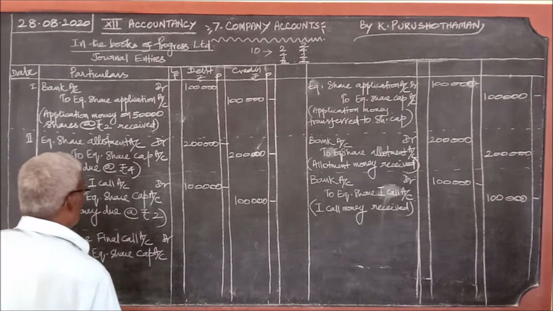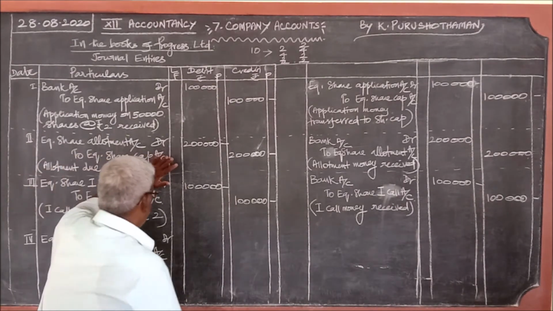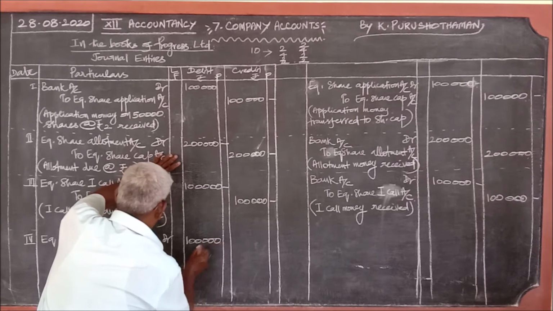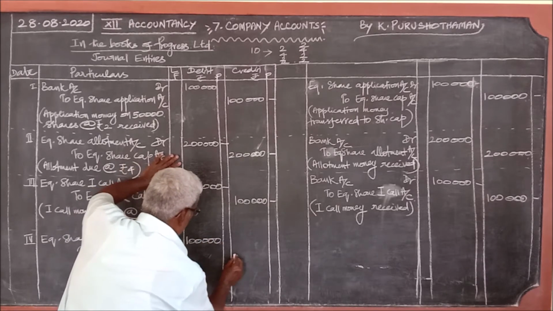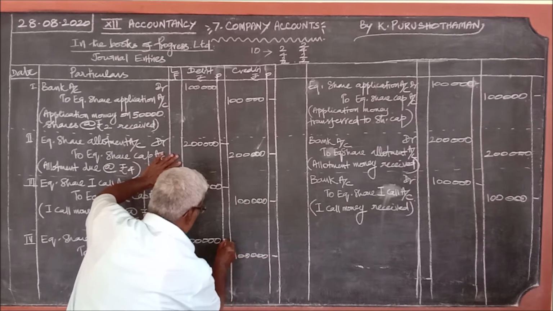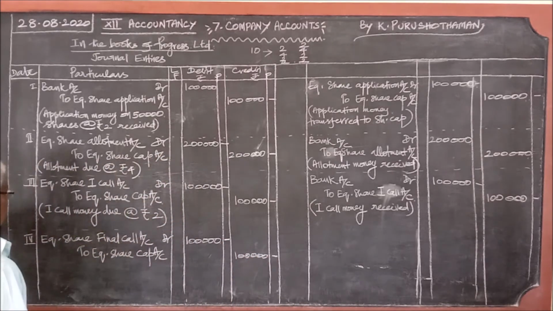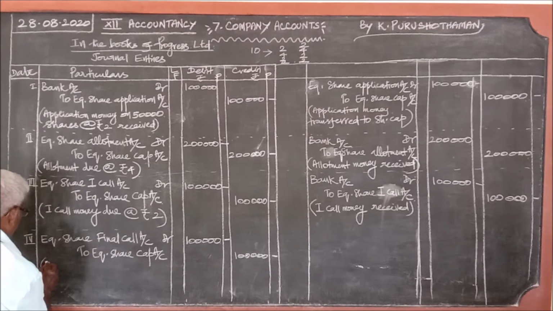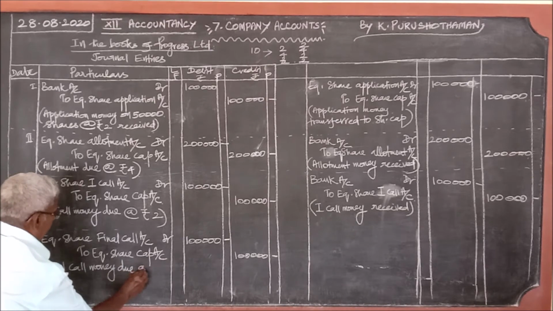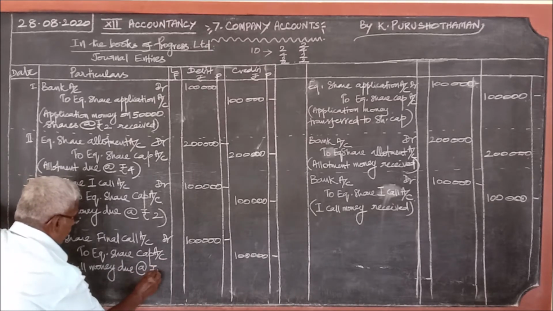This is also 2 rupees, 2 into 50,000, 1 lakh. The narration: final call money due at the rate of rupees 2.